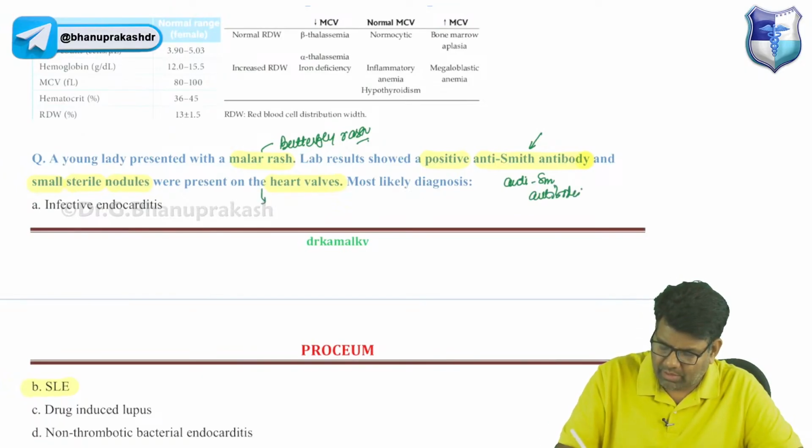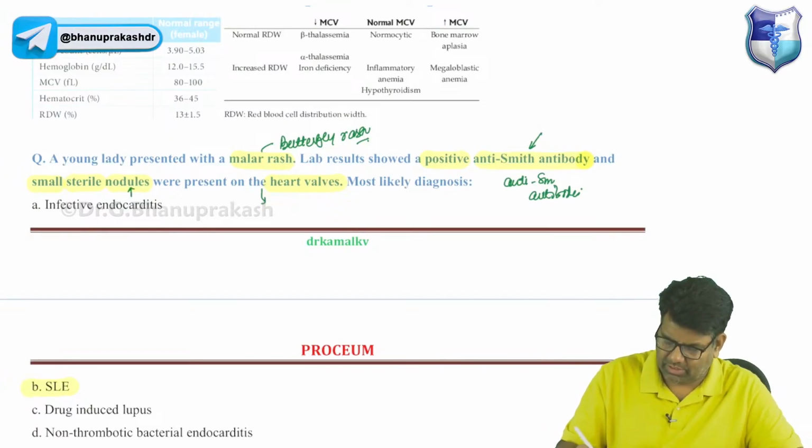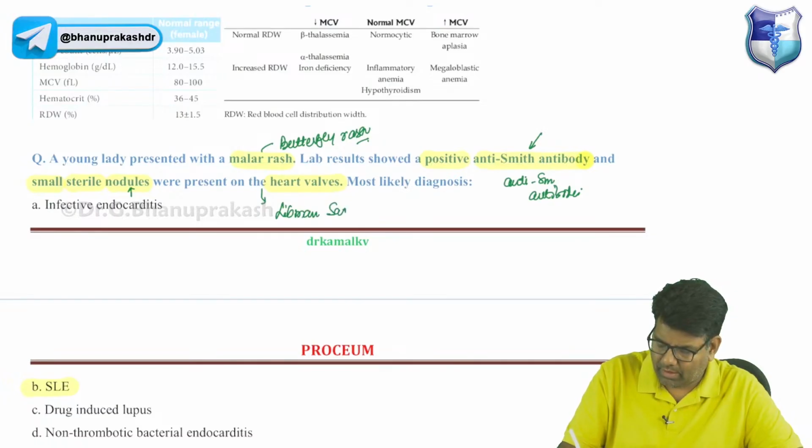We have typical vegetations on either side of the heart valve. This is Libman-Sacks endocarditis. Classical presentation.